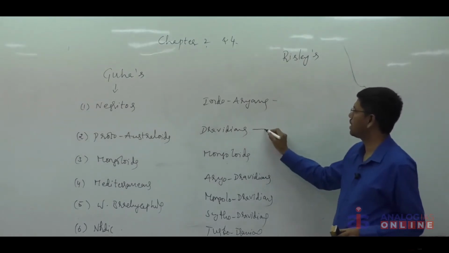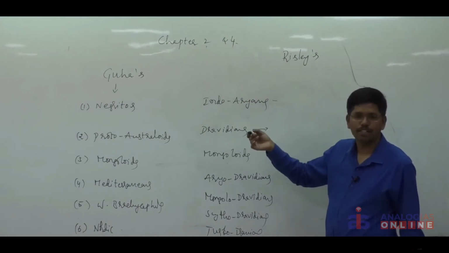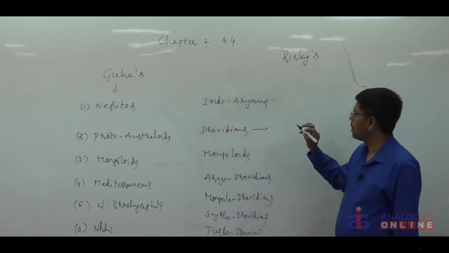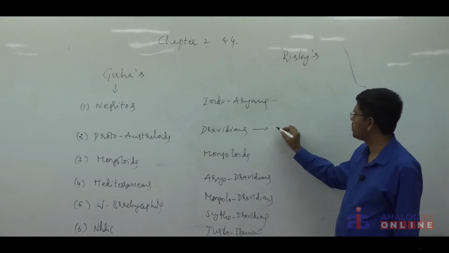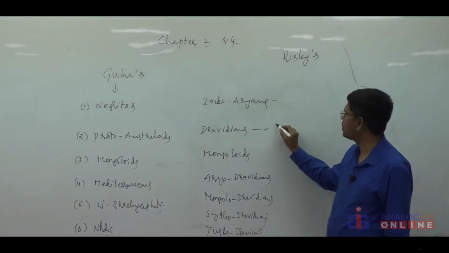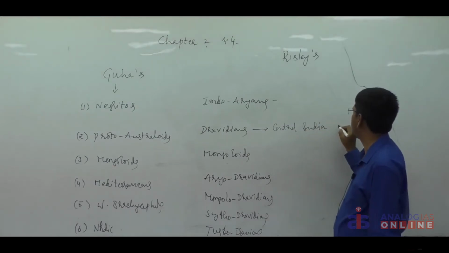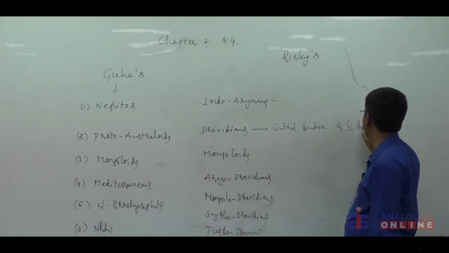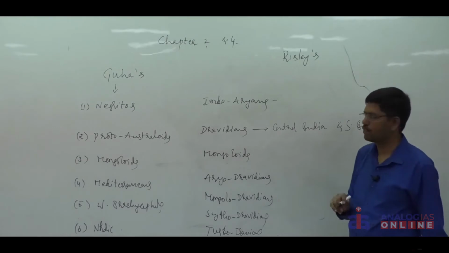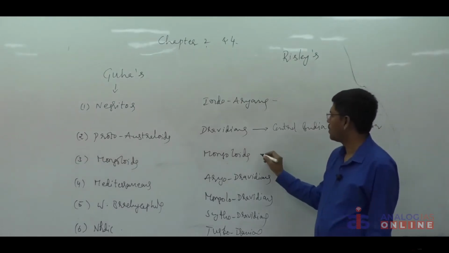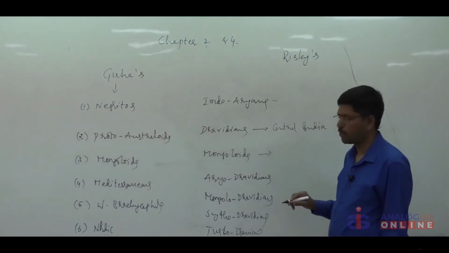Then Dravidian characteristics and negroid element characteristics are the same. Here the only thing that you have to remember is representatives: all the tribes of Central India and South India. You can write any name or you can write simply this. Then Mongoloids, you know the characteristics of Mongoloids.